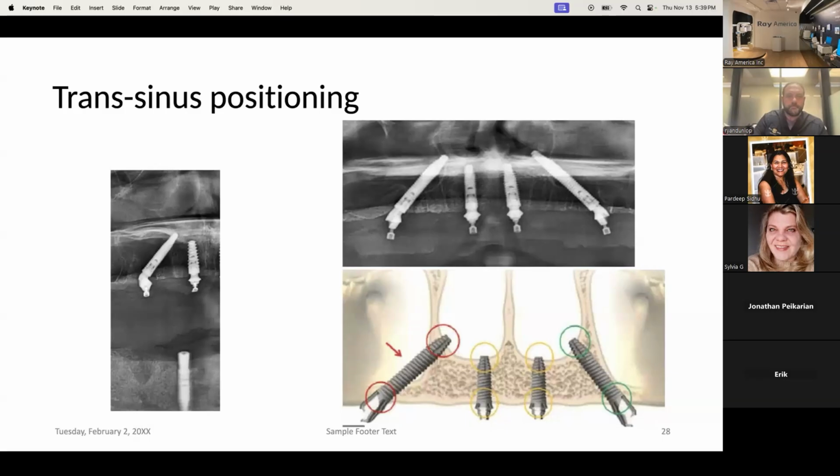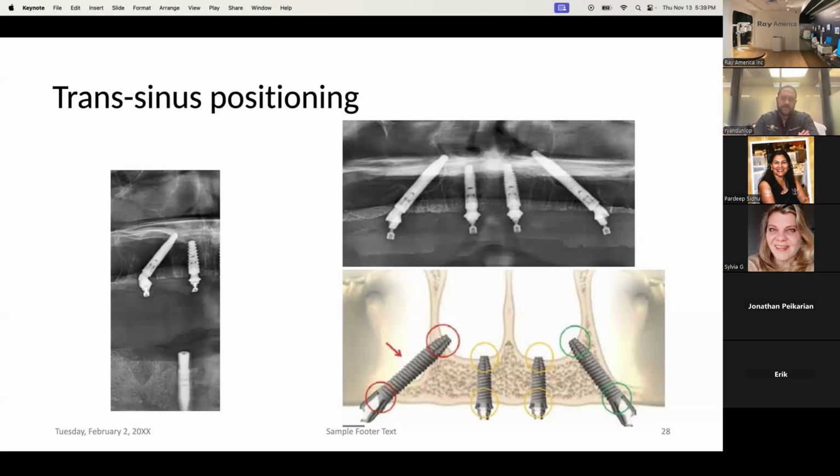Thank you, doctor. Okay, so this is how transsinus implants end up looking. These are both cases that I did a very long time ago, and I've seen them for years and years and years. You will see some chronic sinus inflammation around the threads of the implant. You will see some sinus membrane thickening, just like if you had a zygomatic implant.